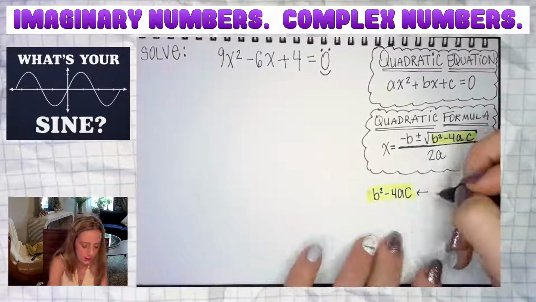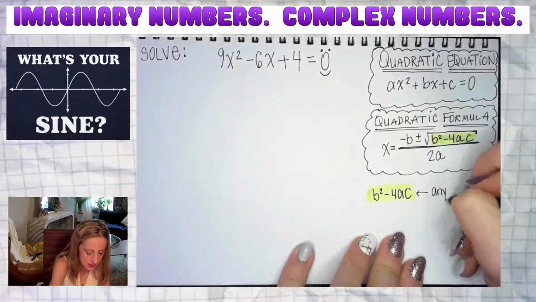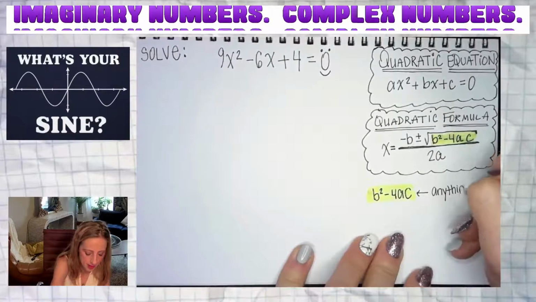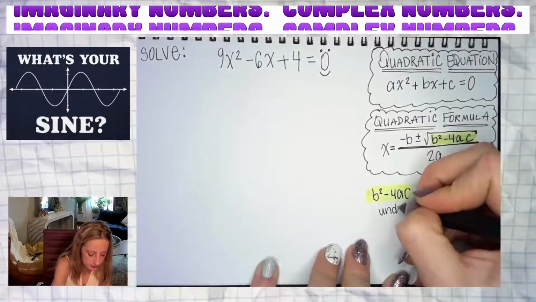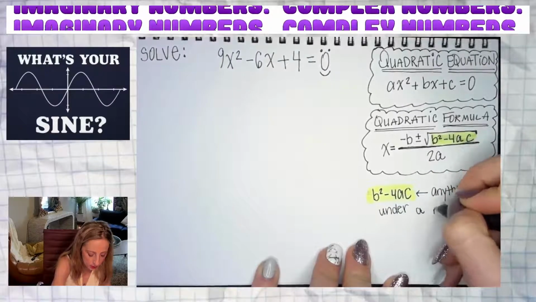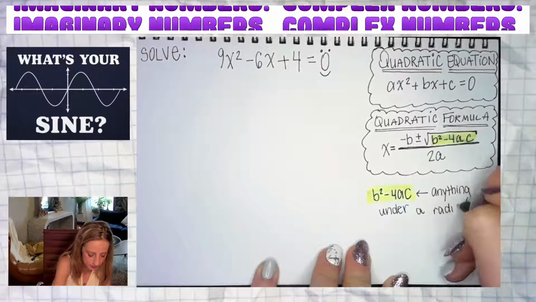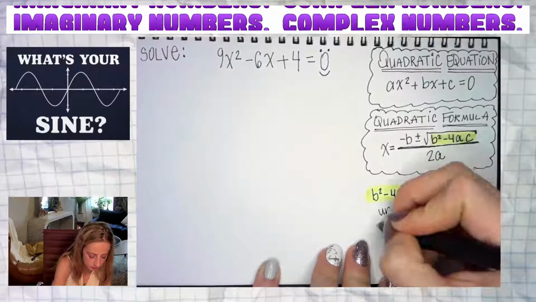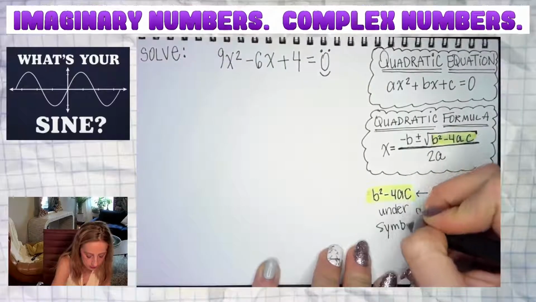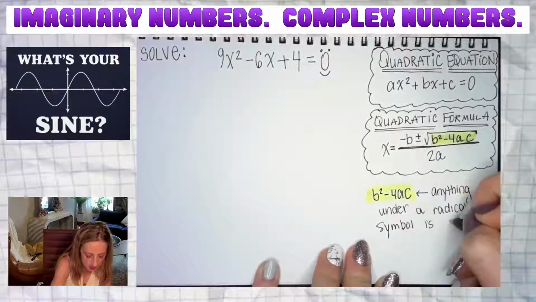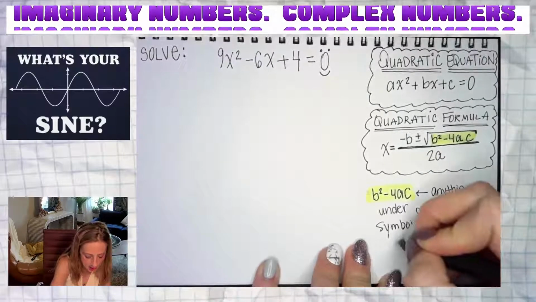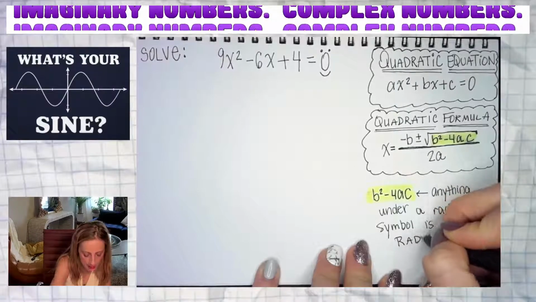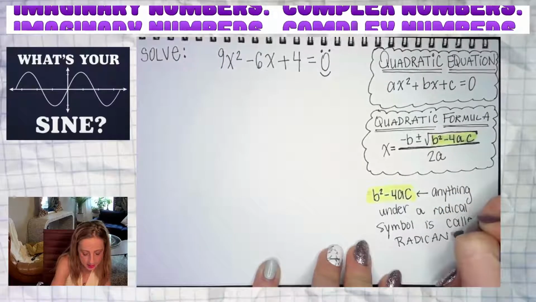Anything. Okay? So anything, this is like the big umbrella name. Anything under a radical symbol is called a radicand.